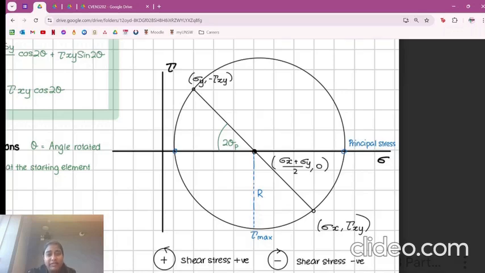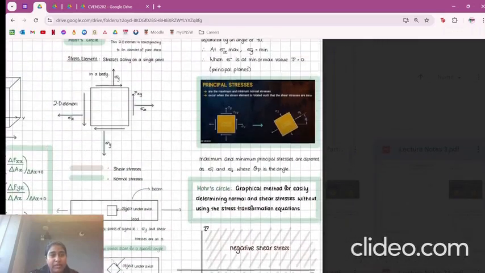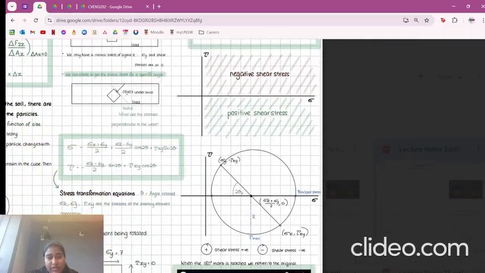So what is this diagram telling us? Basically, at any point on the Mohr circle, that's representative of an orientation. As I said before, you can rotate the soil particle, the element that we looked at here, in an infinite number of ways, right?